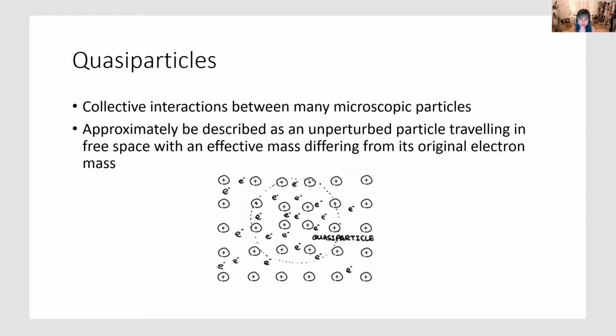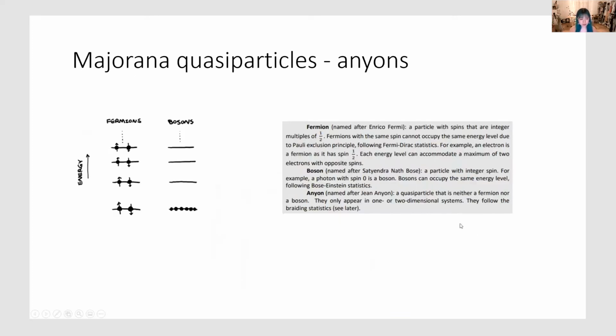So this VIP electron is overall carrying an effective mass with it as it moves along the material. So this is the quasi-particle that has an effective mass. And that's what we're dealing with when we are setting up these architectures, these materials.